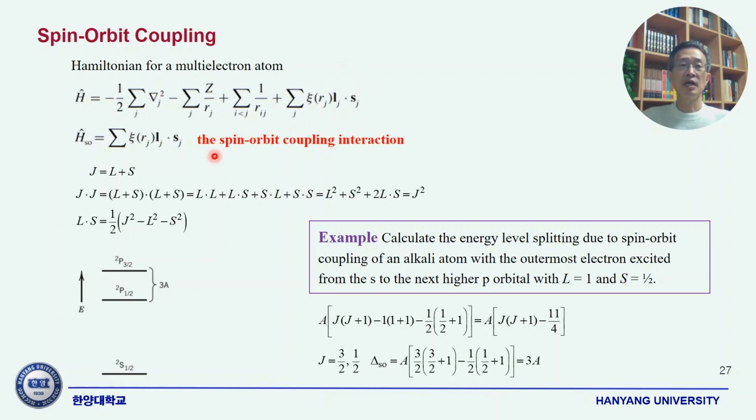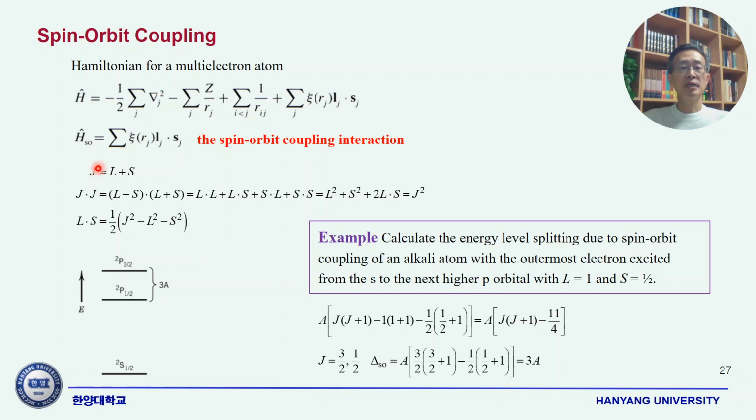So the question is how strong the spin-orbit coupling interaction is. H_SO, the spin-orbit coupling, is expressed in this way: there is a coupling constant and L dot S, the dot product of the orbital angular momentum operator and the spin operator.